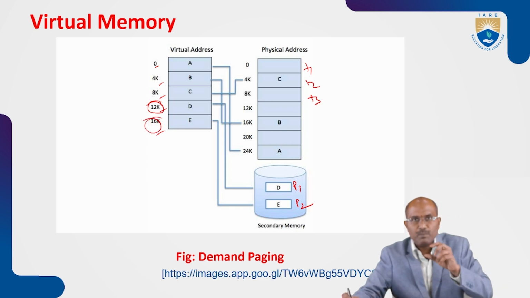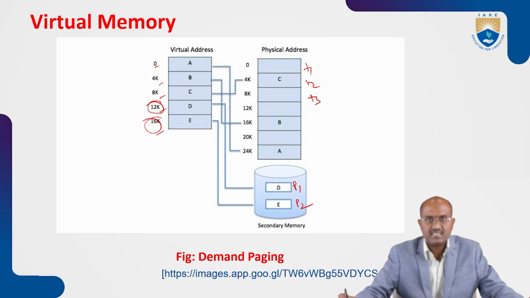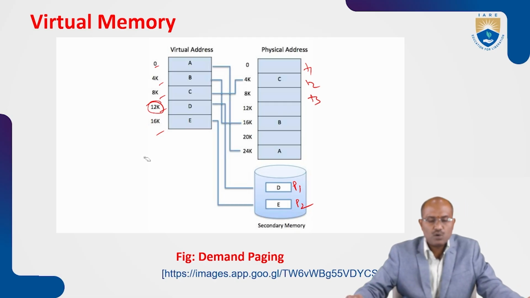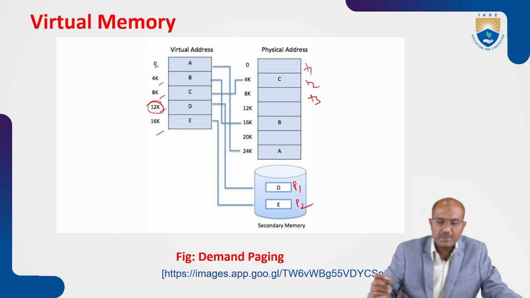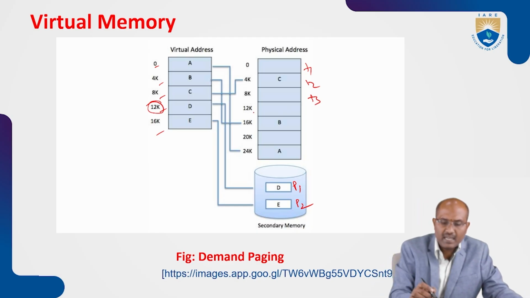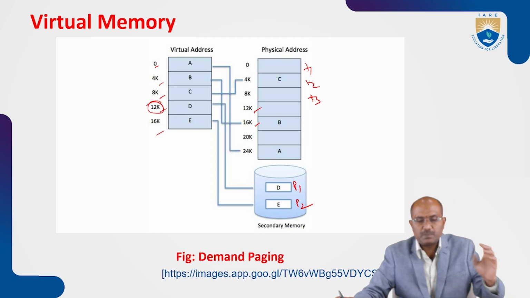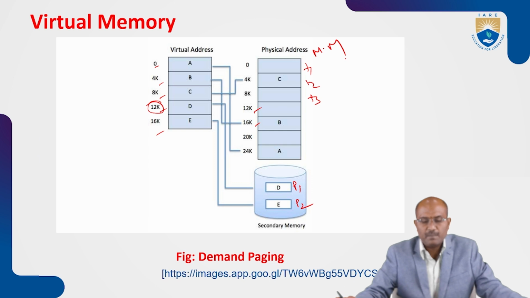In the secondary memory, there are two pages, D and E. Those addresses are called virtual addresses, 12K and 16K. So these pages can be transferred to the physical memory, which is called main memory.